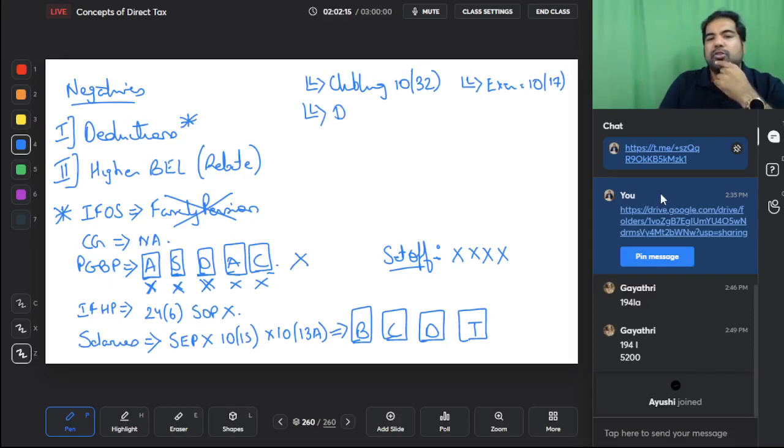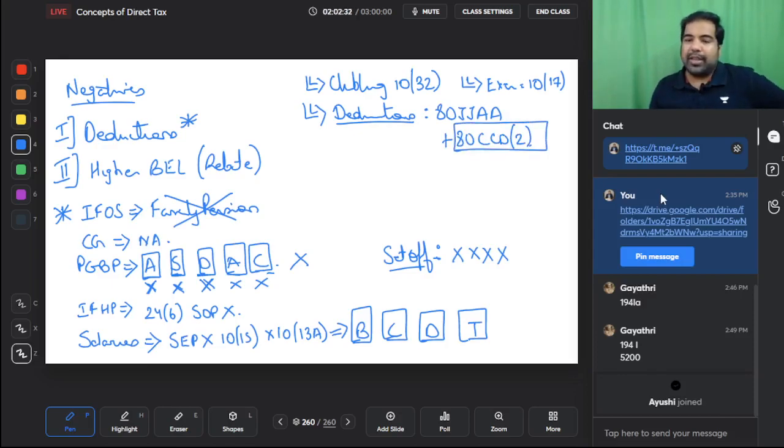After that, deductions under chapter 6A, you will not get any deductions except 80JJAA, because they are expected to add jobs, so you will get that 30% deduction, and 80CCD(2), that national pension scheme which your employer contributes, you will get as a deduction. So these are the only deductions you will get. Otherwise guys, nothing, no 80C, no 80D, no 80T, nothing you will get. So deductions have been completely taken away. So if they say choose 115BAC, remove all the deductions, but keep the incomes the same. Incomes there is no change, only the deductions will change.